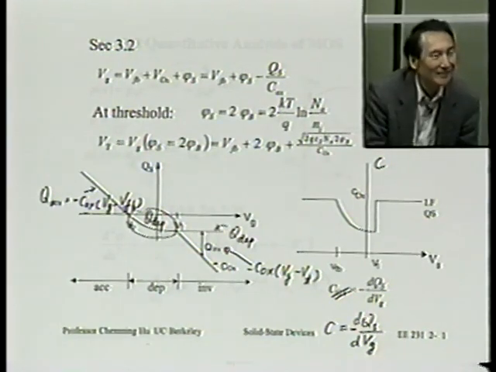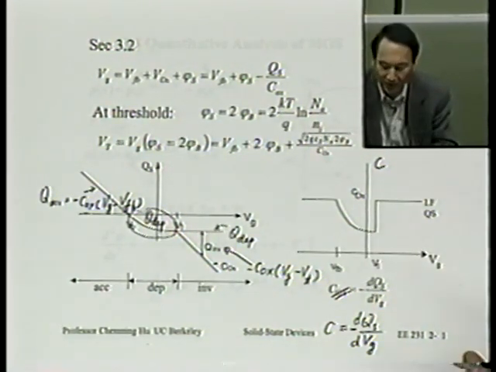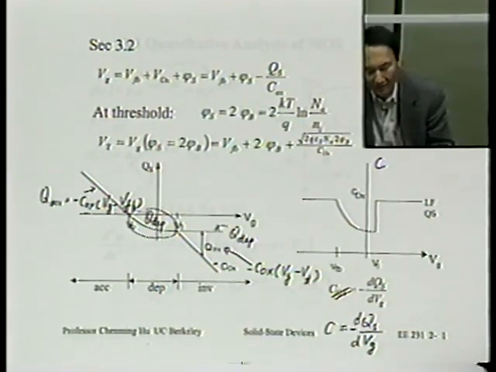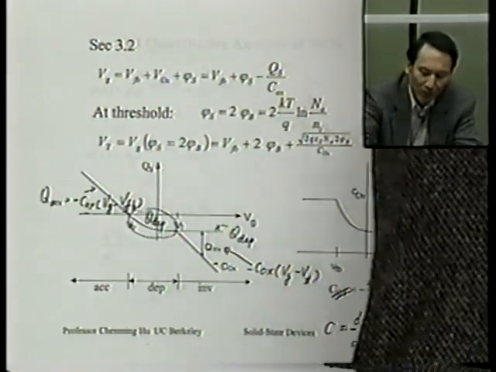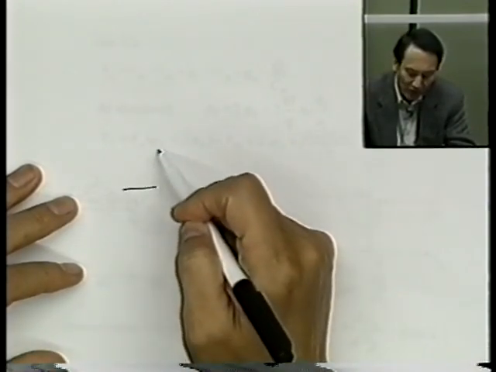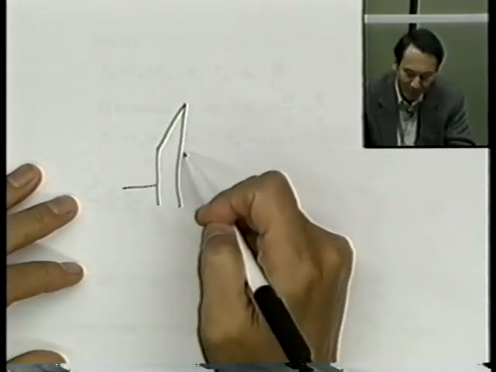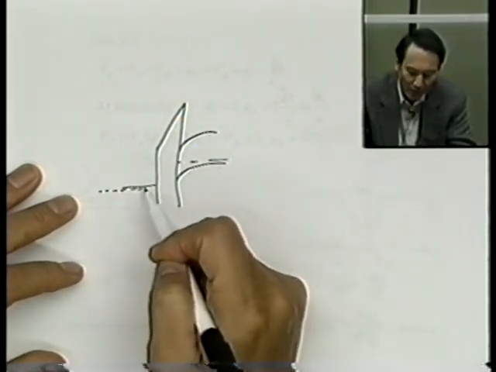Actually, someone asked me a question after the last lecture. He asked, what is the Fermi level in the oxide in a MOS energy band diagram? We drew energy diagrams; for example, I'll just arbitrarily draw one right now. There's a Fermi level in the substrate, and a Fermi level in the gate.